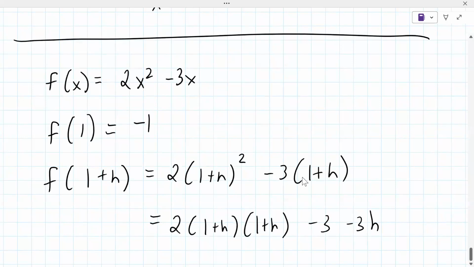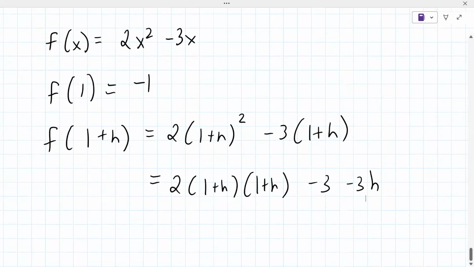So could you try foiling this here for me, please? Yes. h squared plus 2h plus 1.